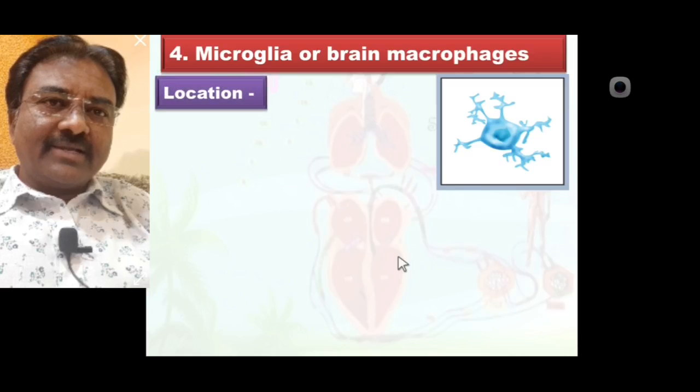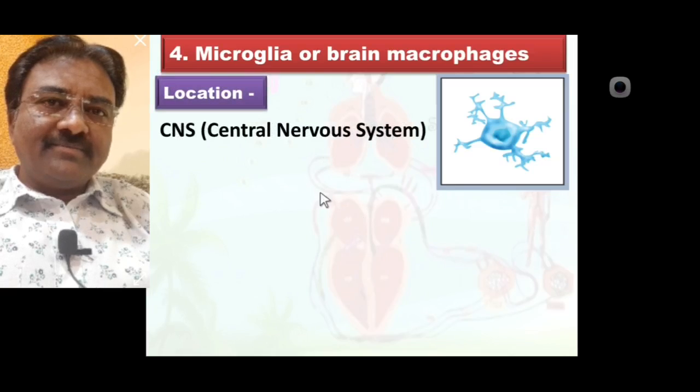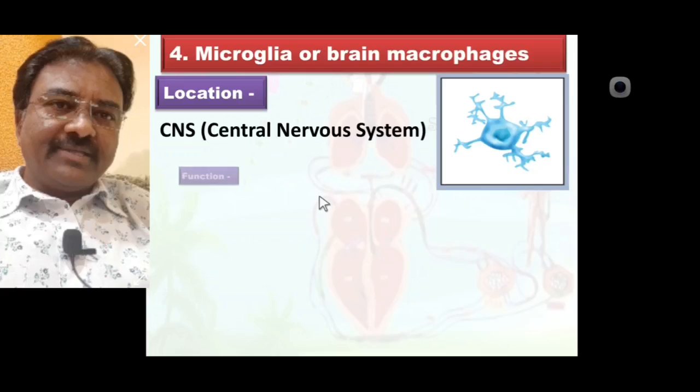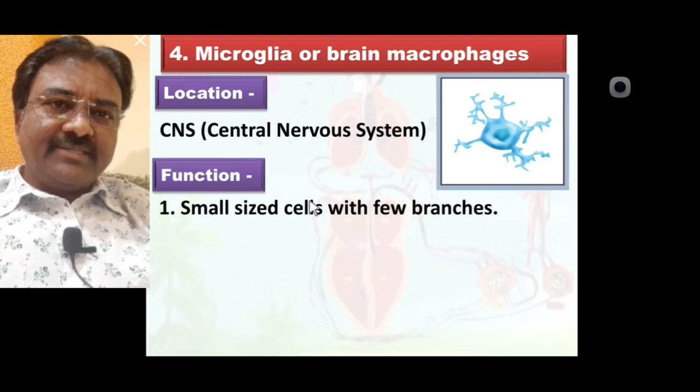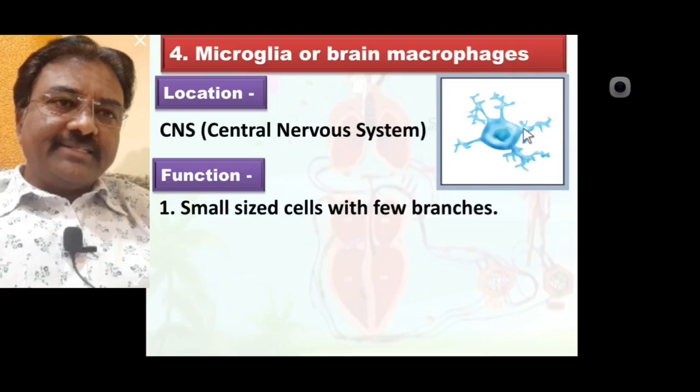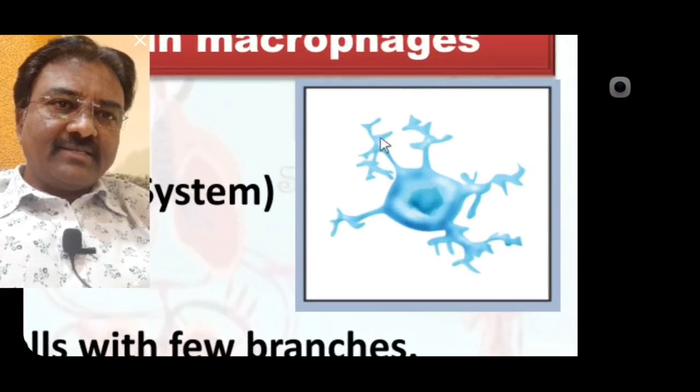No doubt it is located in the central nervous system. What are the functions of microglia or brain macrophages? First one is they are small-size cells with few branches. Seen here, small size with few branches.